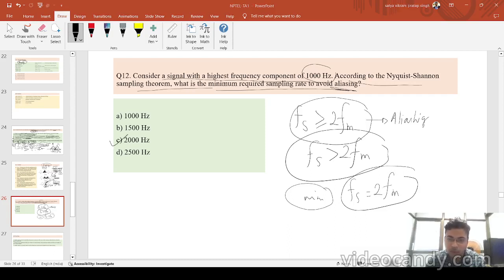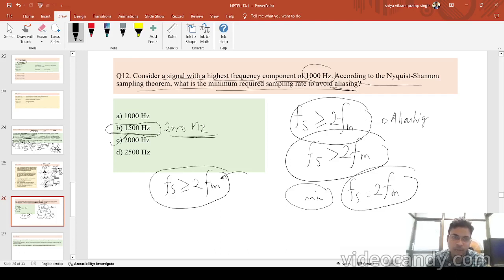And somebody has given the B answer. Sandeep, my friend, this Fs should be greater than or equal to 2 FM for capturing the entire signal without aliasing. So option B cannot be correct. It is less than 2000, which is twice the message frequency.